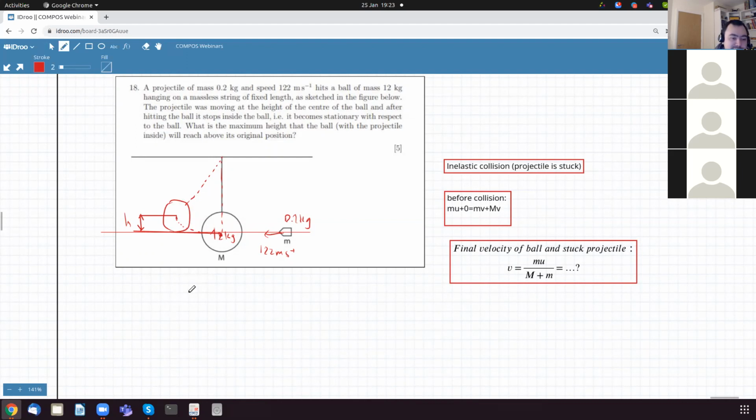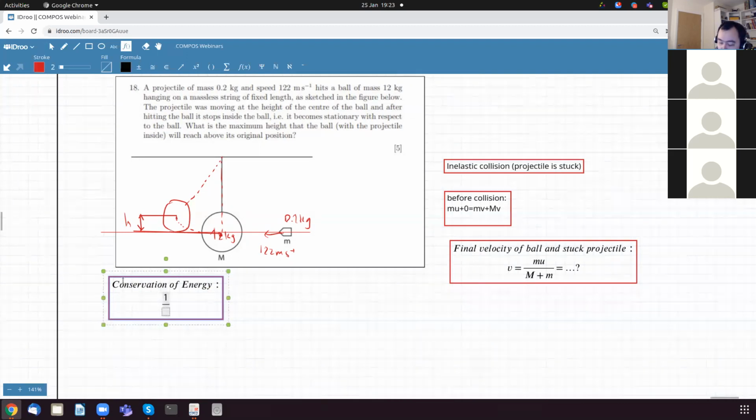So you use conservation of energy. The kinetic energy of the ball and small mass just after the collision is 1/2 (m plus m) times v squared, because they're moving together with the same speed, where v is the velocity that we have found in the previous part.